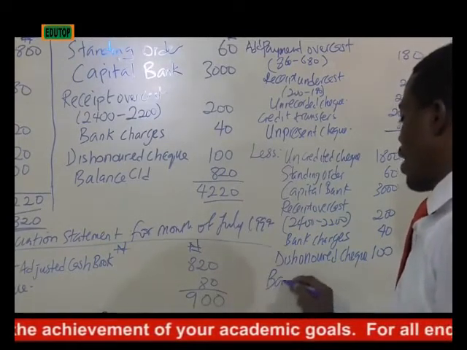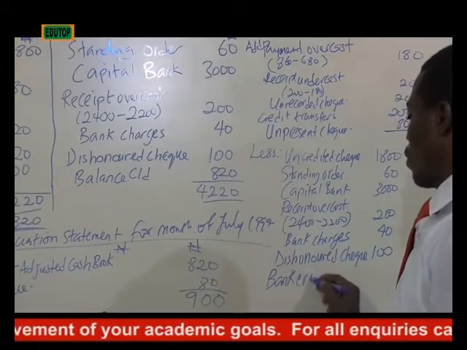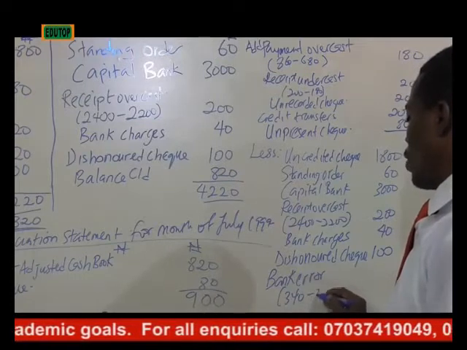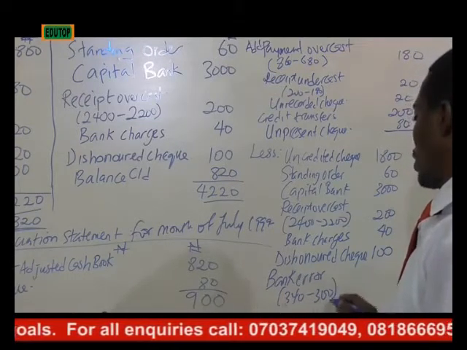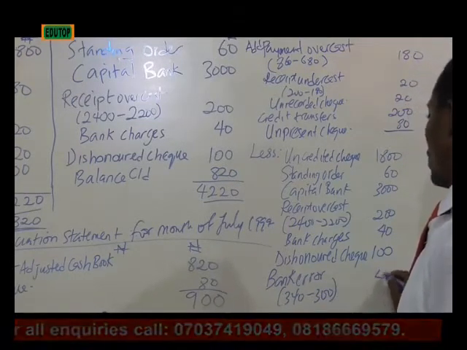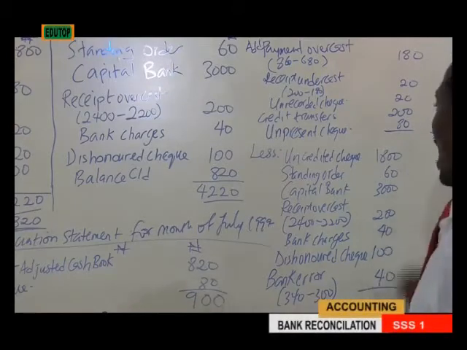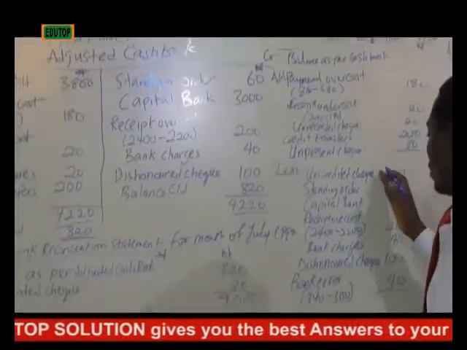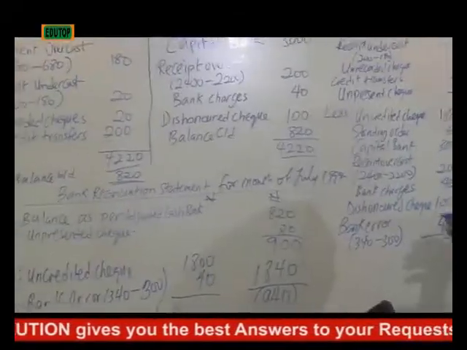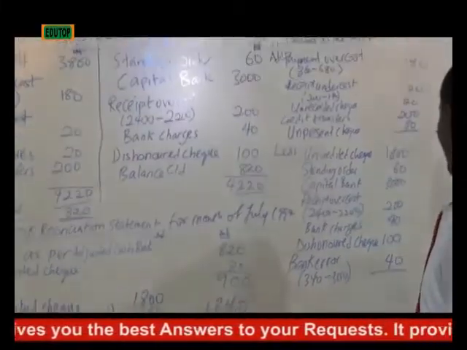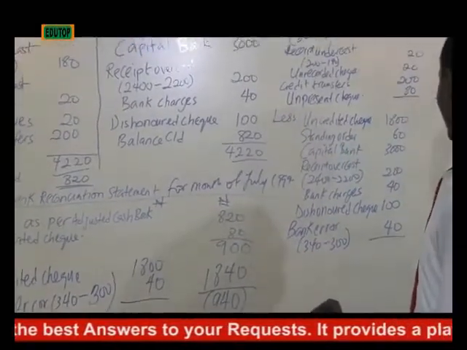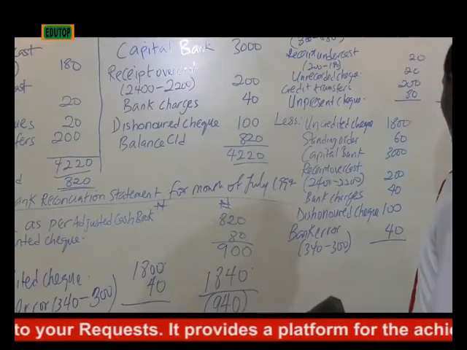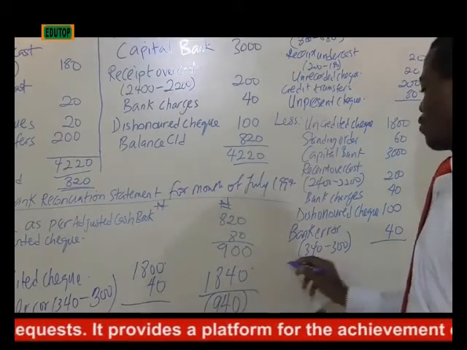Then bank error, which is 340 minus 300, that gives you 40 naira. Then you have it at the end of the day. If you add the figures together, you get 5,240. So this is greater than this, and you have 490, which is the overdraft.